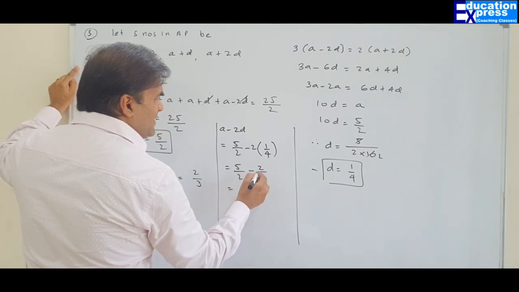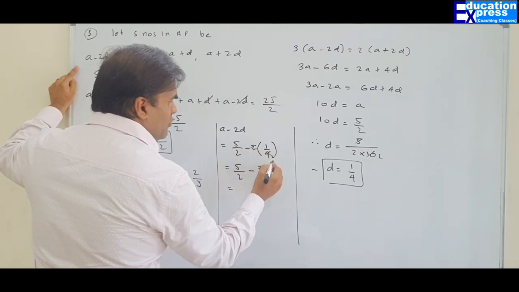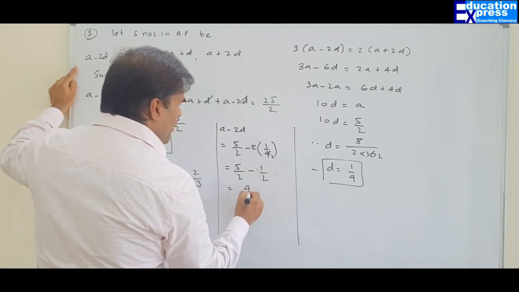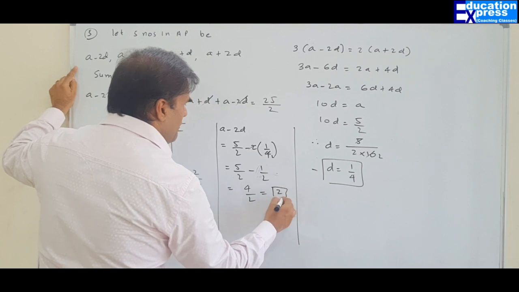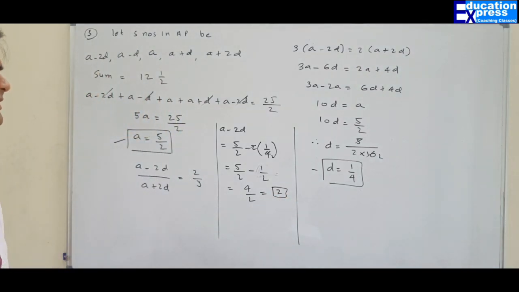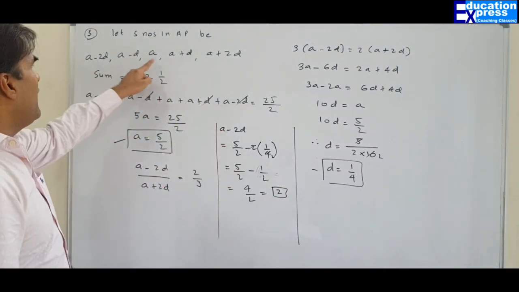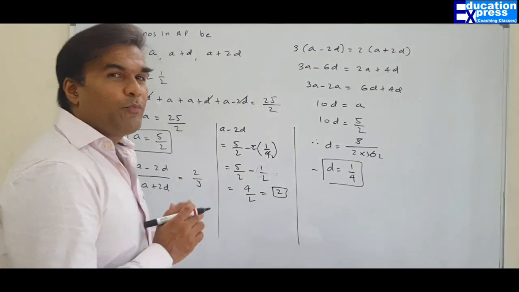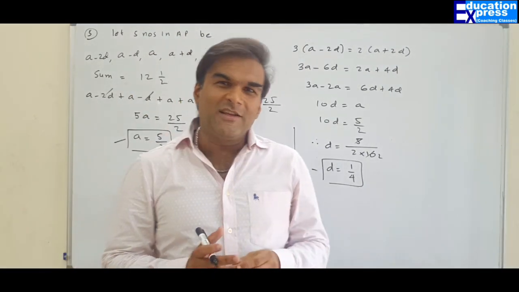So 5 upon 2 minus 1 upon 2, 4 upon 2. The first term being 2. After that, you keep on finding this and you will simply get all the 5 numbers in AP. Let's move to the next question.